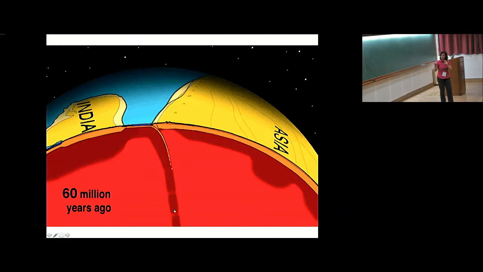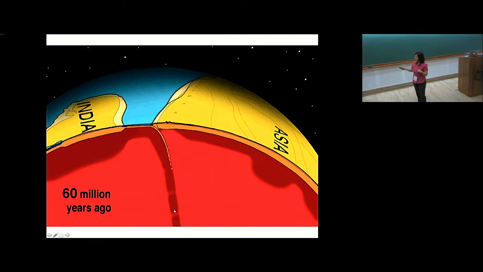So you have India in the south and Asia to the north. And what you can notice here is that India is not a part of Asia, okay? So at 60 million years ago, India was not a part of Asia. And instead, these two land masses were separated by an ocean, okay?